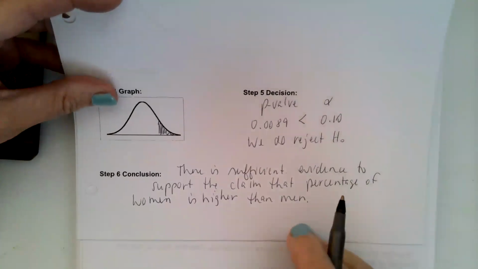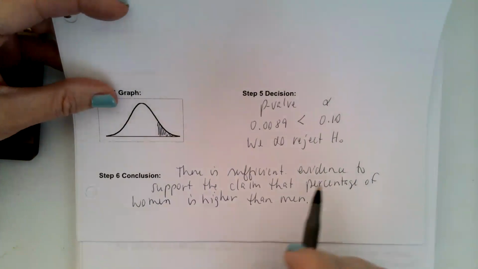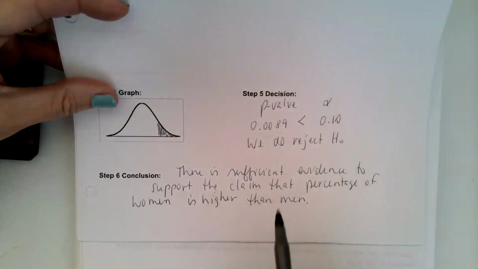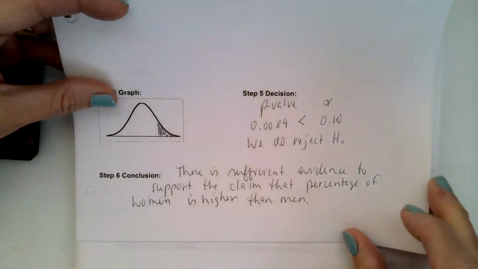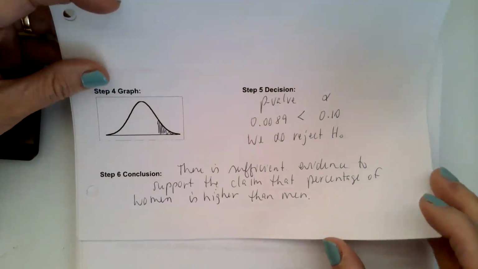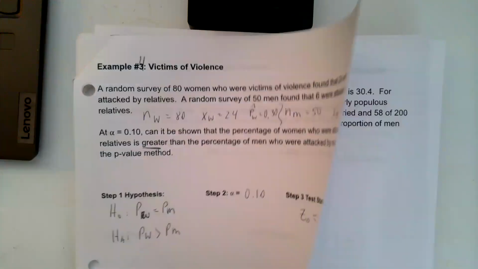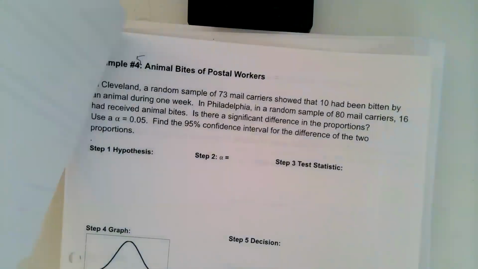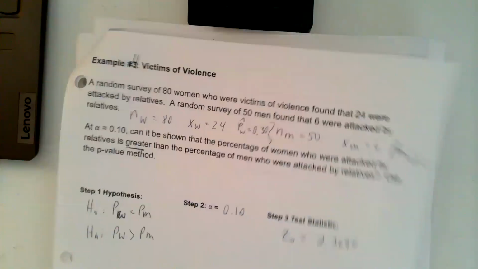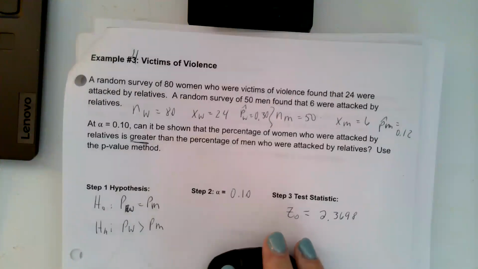So the percentage of women that were attacked by relatives is higher than the percentage of men that are attacked by relatives. It's unfortunate either way, being attacked by relatives. So I'm going to go ahead and go to the next example.